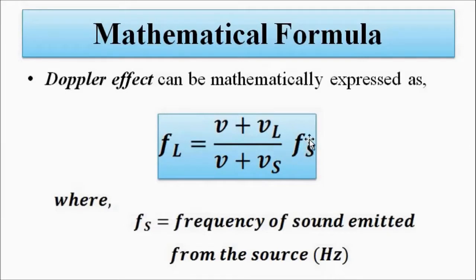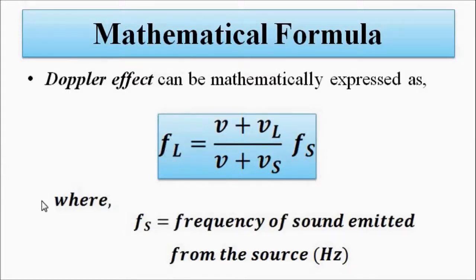Here F subscript S is the frequency of light or sound, the electromagnetic wave, which is emitted from the source. At whatever frequency the electromagnetic wave, which can be light or sound, is generated from the source.